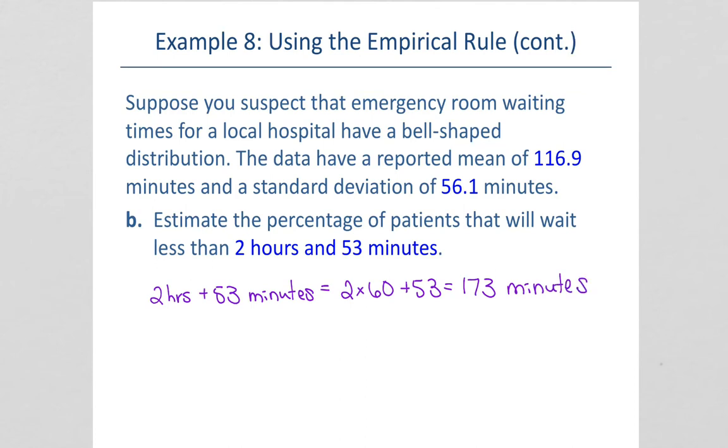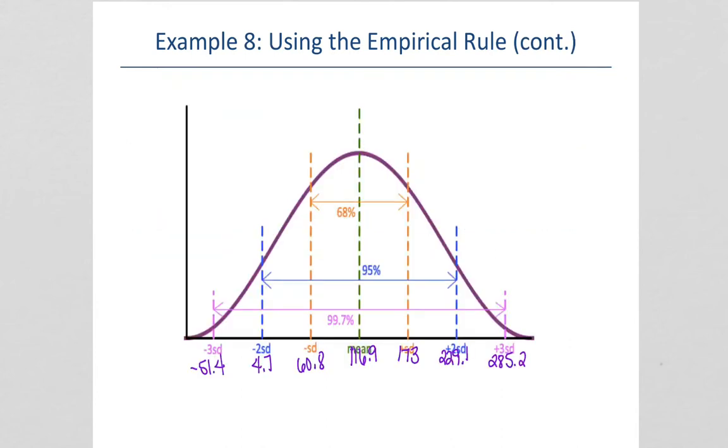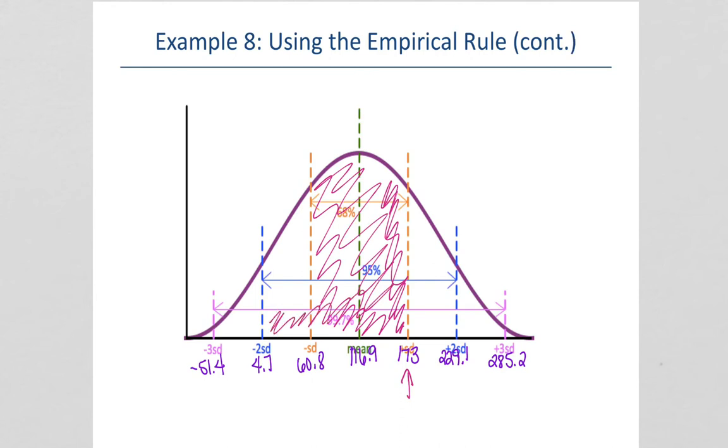So we want the percentage less than 173 minutes. And I found my picture. I've updated it. Okay, so we want, here's 173, and we want less than that. Now, we're not going to include down to the negative 51.4. So we're going to stop at 4.7 minutes.